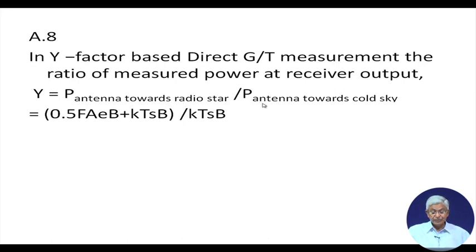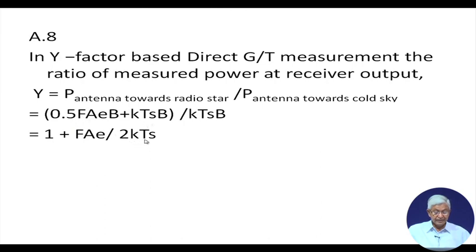And when it is going to cold sky, the first part is not there because assuming cold sky is giving almost negligible noise flux power. So, it is only KTSB receiver noise power. If you divide these two, B gets cancelled, and KTSB is 1, and then this is 0.5, so the denominator goes to 2.